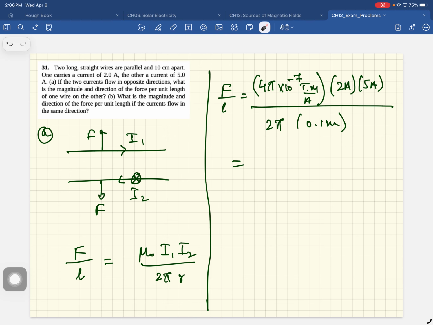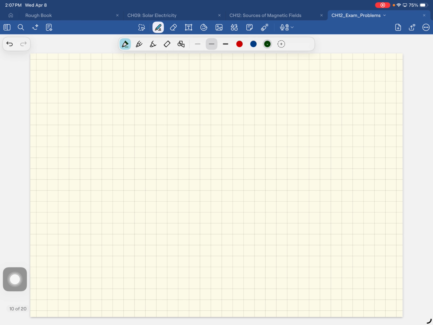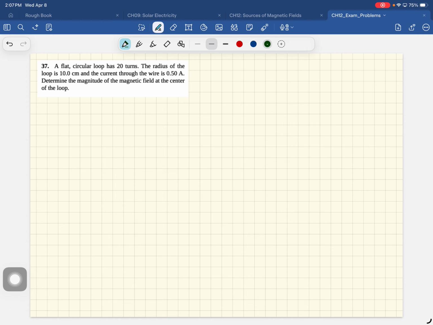So the magnetic field is 20 pi into 10 to the minus 6 Tesla. So the field due to a circular loop of 20 turns carrying half an amp current at the center is 20 microtesla.